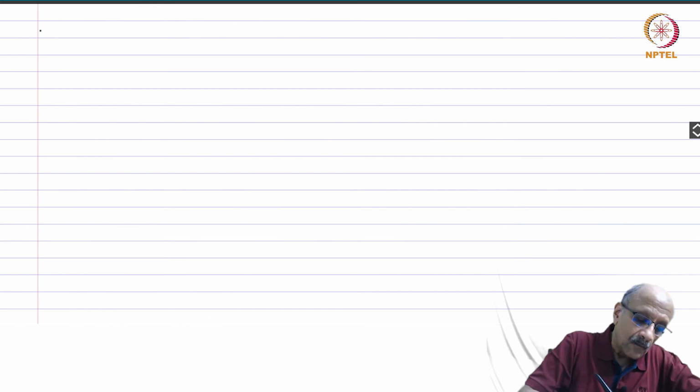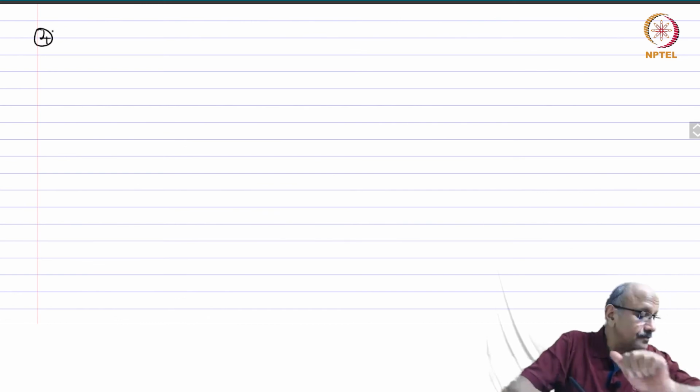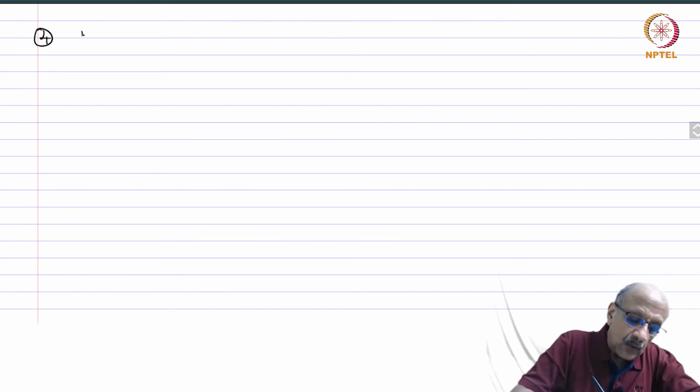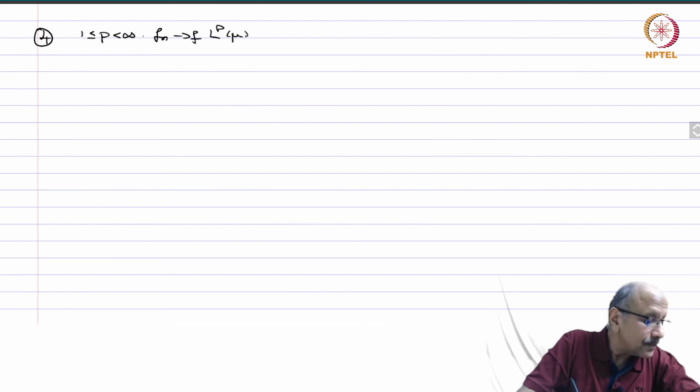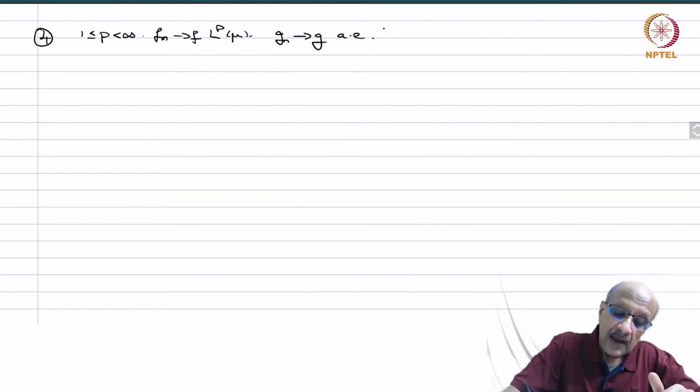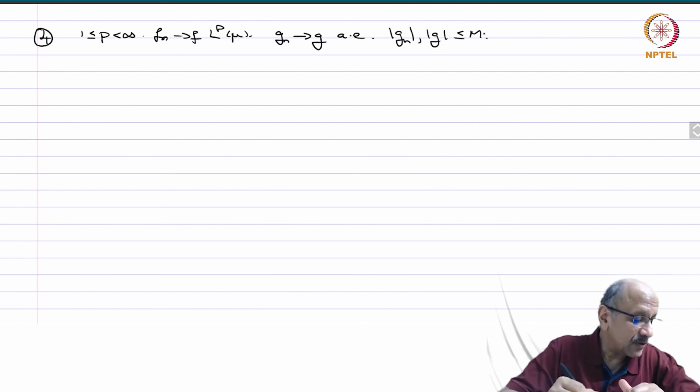Okay. 4. So 1 less than or equal to p less than infinity, Fn goes to f in LP of mu, and Gn goes to g almost everywhere, and mod Gn, mod g are all bounded by a fixed constant.